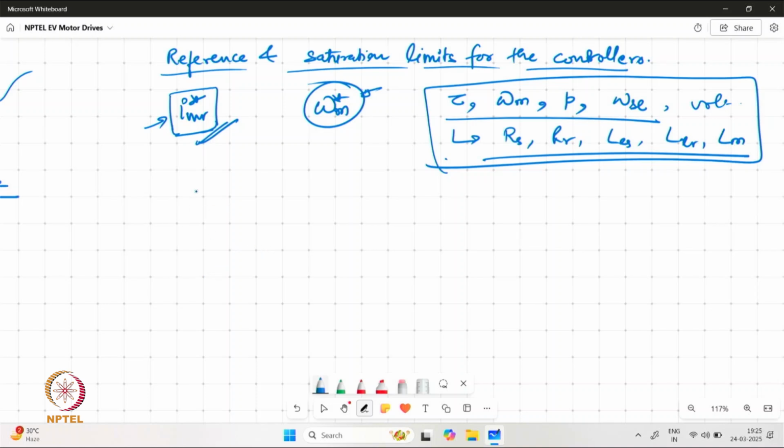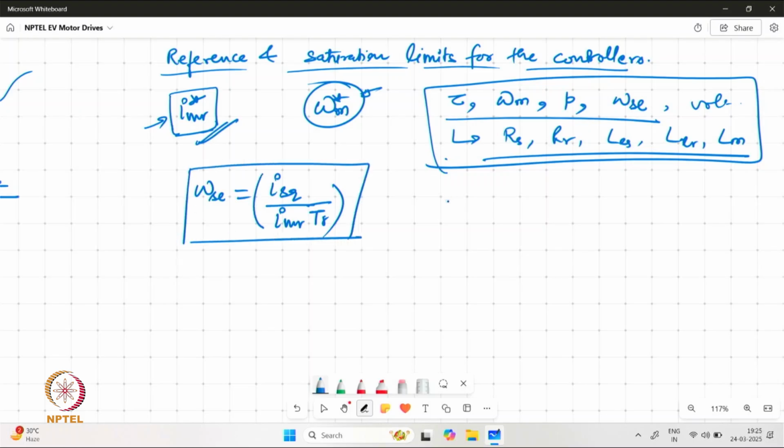So as I said, we have already derived the value of omega slip in terms of ISQ and IMR, and on the other hand we have computed the electromagnetic torque in terms of KT, IMR and ISQ.